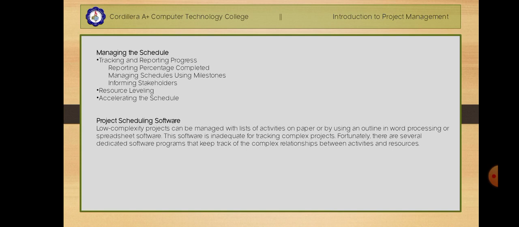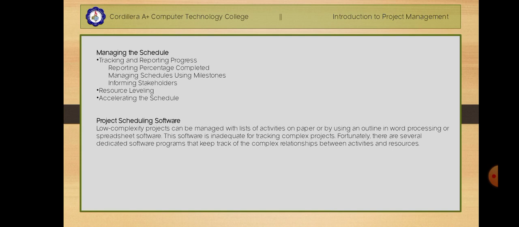Next is informing stakeholders. Always schedule updates to be distributed regularly to provide project stakeholders with an assessment of the progress of the project against the master schedule.